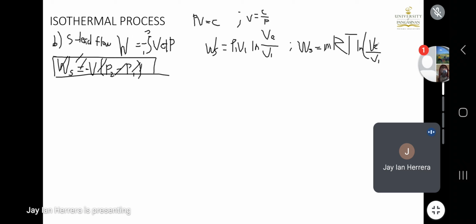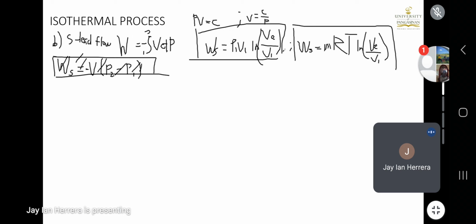So what is the relationship? To summarize the relationship in the isothermal, work steady flow is equivalent to work non-flow since PV is constant.